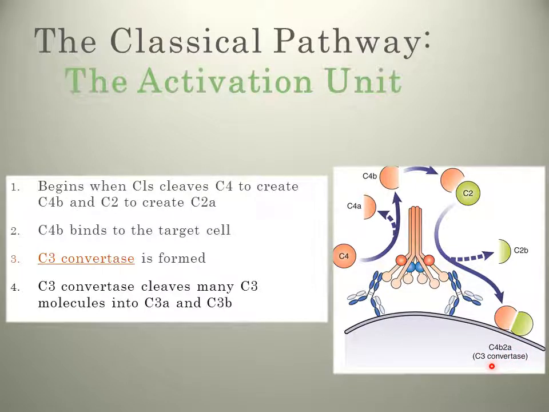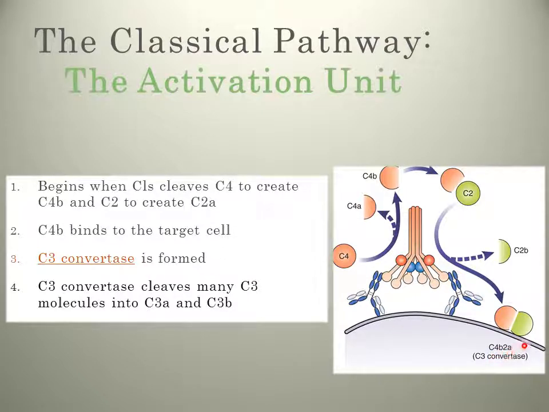If you remember your chemistry, anything that ends in -ase is always going to be an enzyme. So it's going to be a protein, meaning it catalyzes a chemical reaction. In this case, the name is telling us that it converts C3. C3 convertase is formed. What's the other name for C3 convertase?